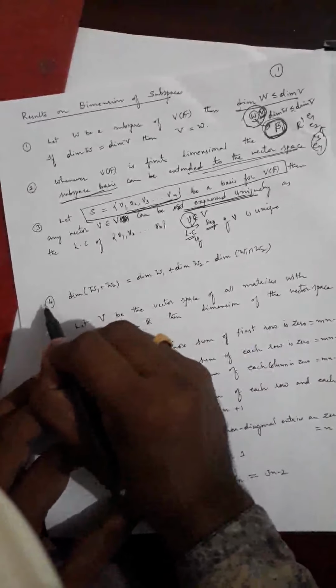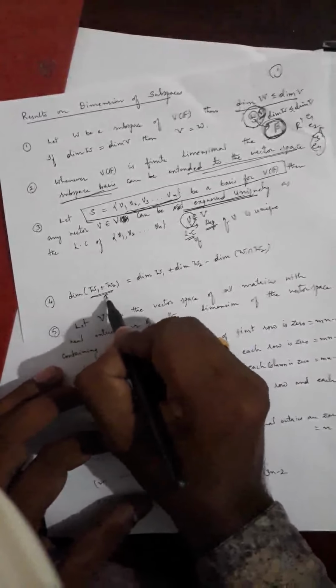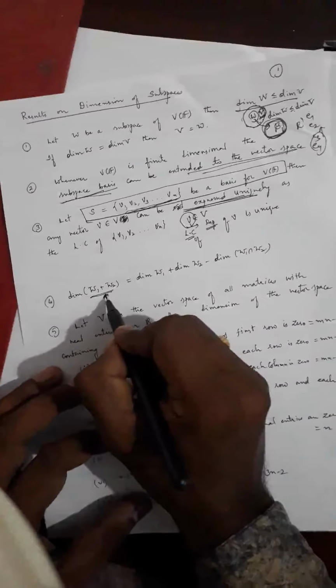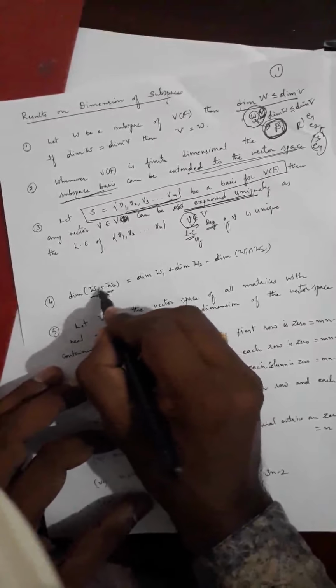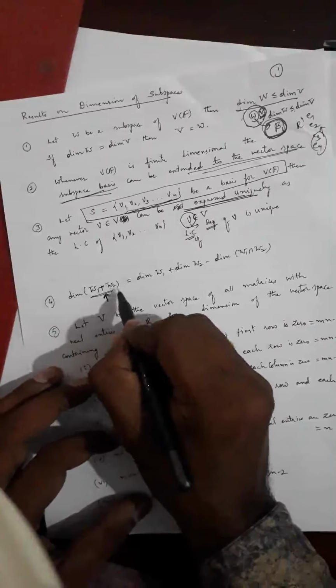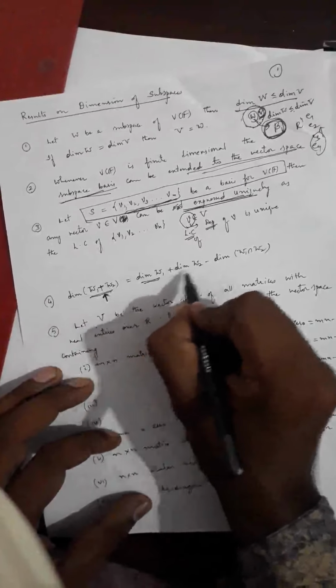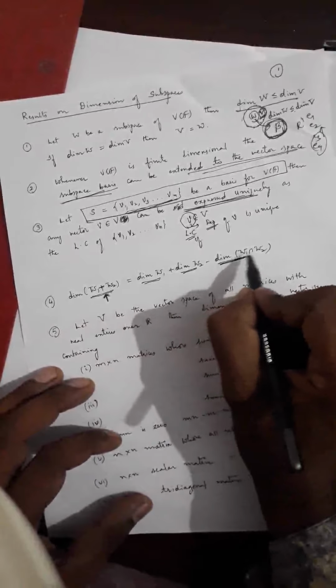Okay, this fourth one is dimension of W1 plus W2. This is nothing but the linear sum, W1 plus W2. Already we discussed what the linear sum is. So dimension of W1 plus W2 is dimension of W1 plus dimension of W2 minus dimension of W1 intersection W2.